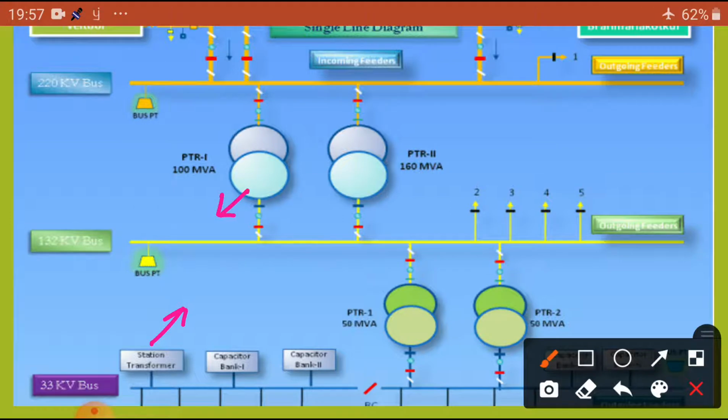And for the station, switchyard, illumination, quarters and the area, we require the station transformer. And capacitor bank 1, bank 2, bank 3, bank 4 are used to generate the reactive power based on the load demand. Okay, so these are physically present in every EHT substation.